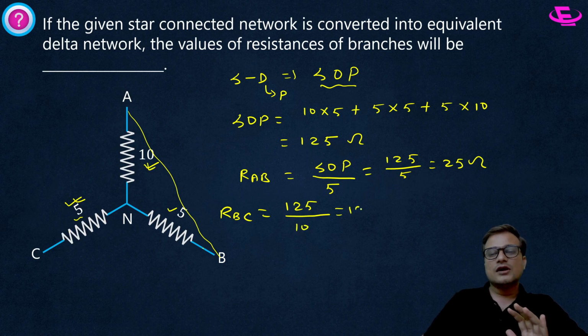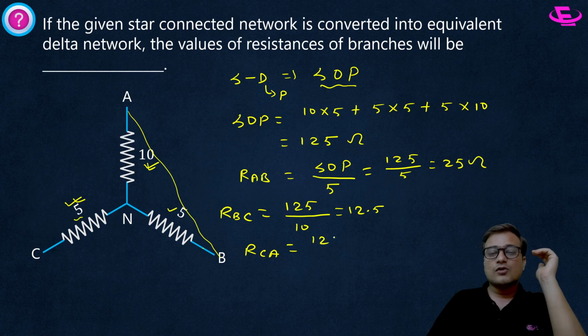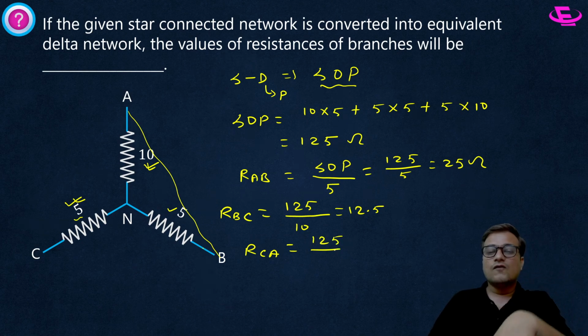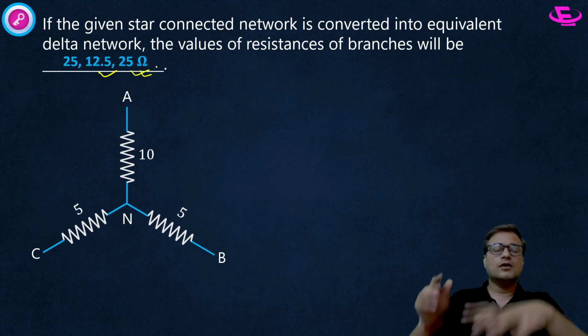So it will be 12.5. Similarly, the third one RCA will be 125 divided by 5. So it will be 25 ohm. Hence your answers are 25, 12.5 and 25 ohm.